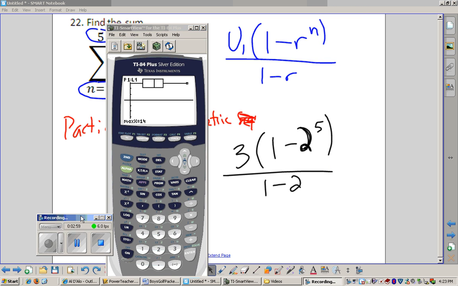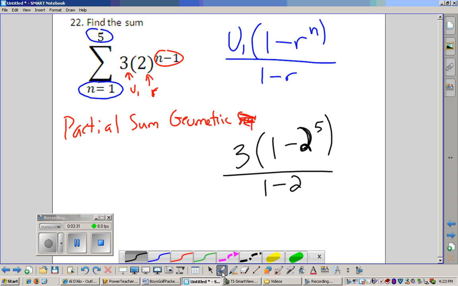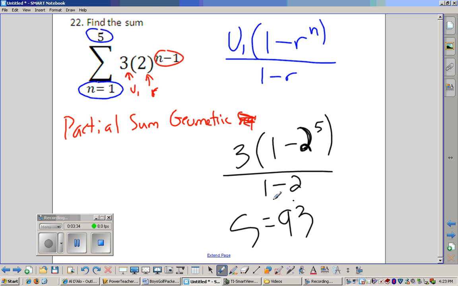We plug in all our numbers: 3 times 1 minus 2 to the 5th, divided by 1 minus 2. You get 93, that's the answer. So the sum of this geometric sequence is 93.